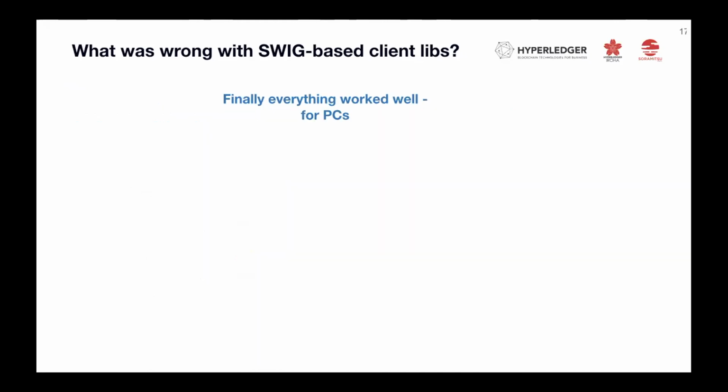After that, everything worked pretty well, but only if you have a PC or Mac. Sometimes you want something more. You want libraries for Android, for iOS, for browsers, and that's where the problems began to be really pretty nasty.